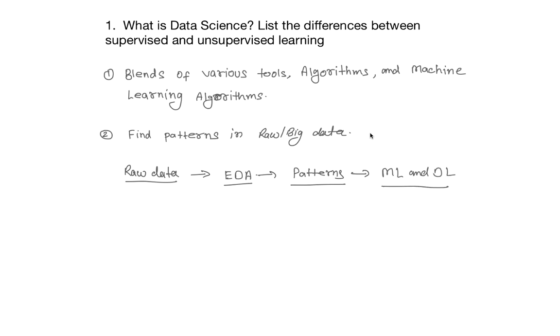Once machine learning and deep learning are applied, the data scientist makes an intelligent decision. In fact, it's not the data scientist but the model which is deployed that makes the decision.